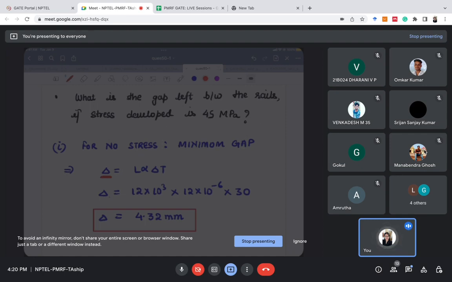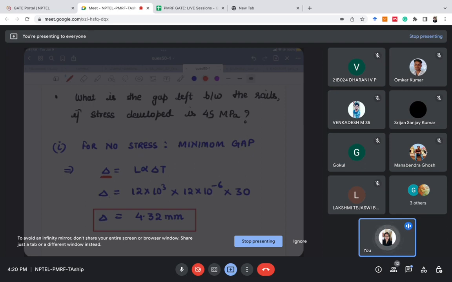Set your favorite units beforehand, so that you solve everything in Newton and mm. Keep it the same for every question, so that you won't get confused with the units, because when you are solving quickly you might make mistakes in the units. So delta is given by L alpha delta T.